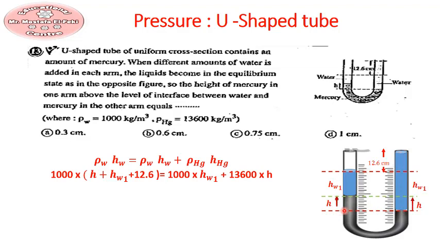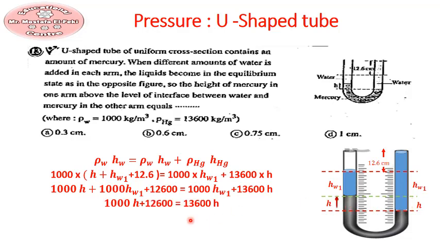On the left arm, the height of the level of water, H1, times rho water, plus rho mercury H mercury. By substituting the numbers, 1000 H water 1 is cancelled with 1000 H water 1. Then move 1000 H to the other side with the negative sign. Then the height is 1 centimeter.